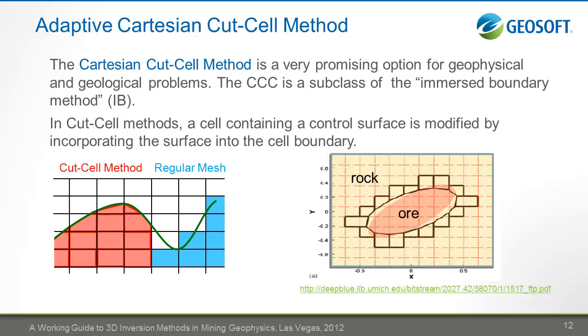So the cut cell method gives a very good approximation, far better than the regular mesh. We can do this, as I said, for embedded bodies as well as topography. For example, here's an ore zone, and in each of these cells around the ore zone, the cut cell is formed, and that is used in the modeling and inversion.